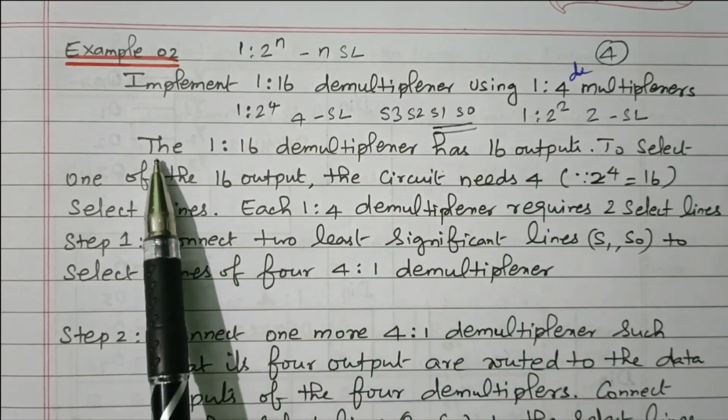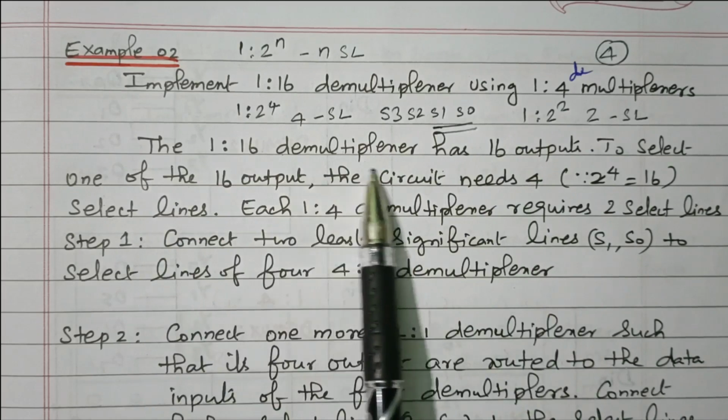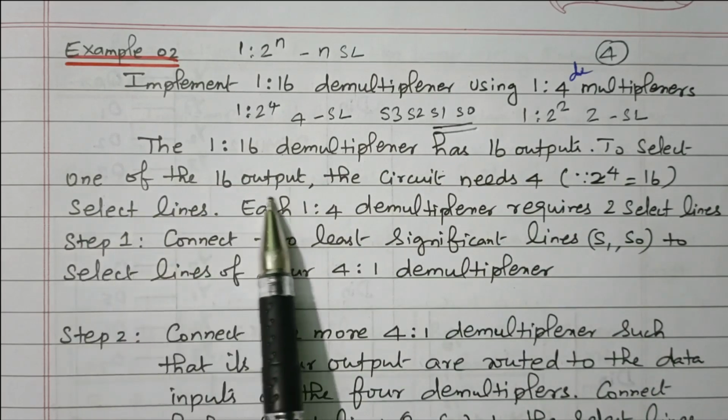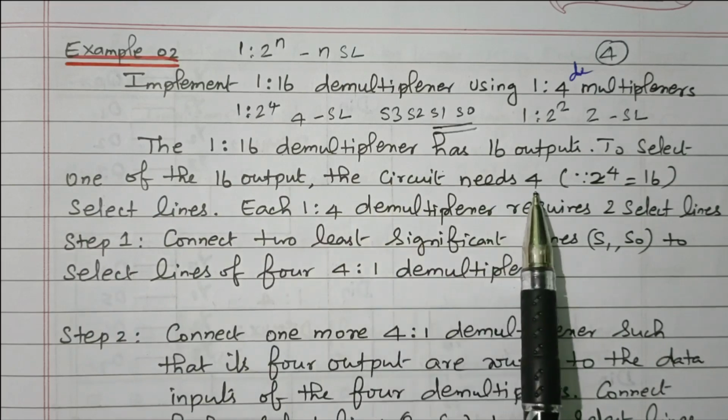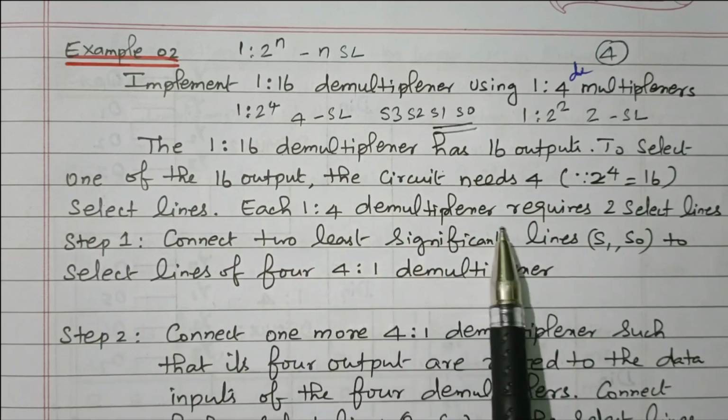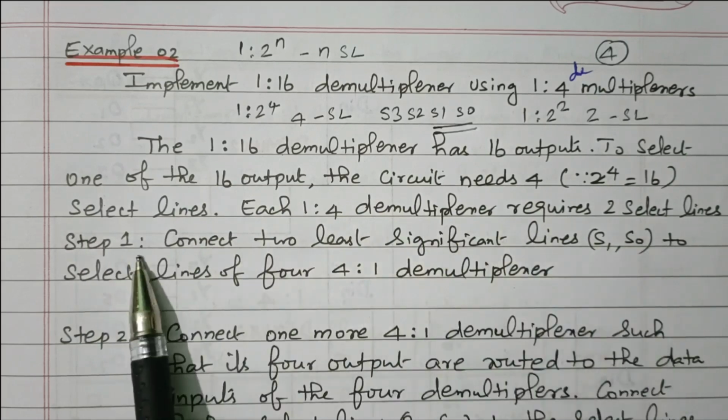We'll see the description. The 1:16 demultiplexer has 16 outputs. To select one of the 16 outputs, the circuit needs 4 selection lines. Each 1:4 demultiplexer requires 2 selection lines, right?